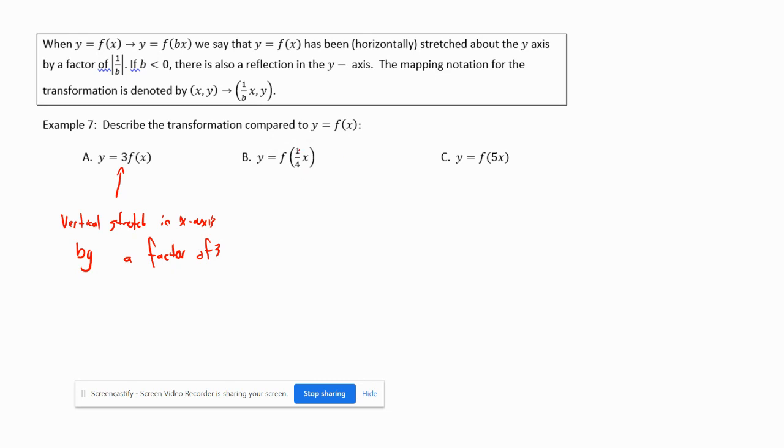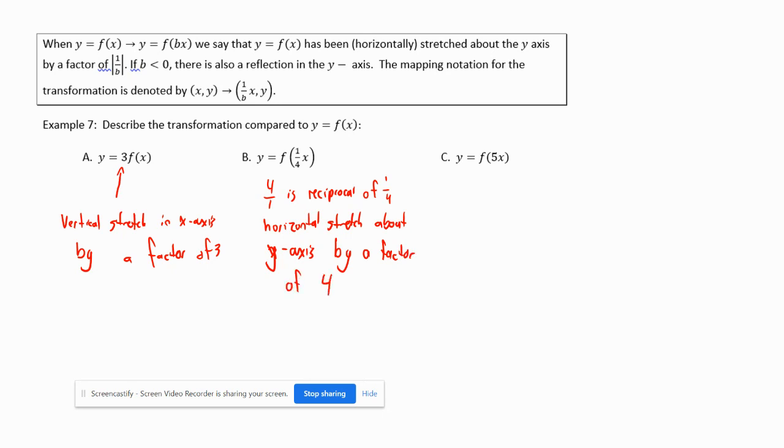Well, what's the reciprocal of 1 over 4? 4 over 1 is the reciprocal of 1/4. So what this one's saying is we have a horizontal stretch about the y-axis by a factor of 4.